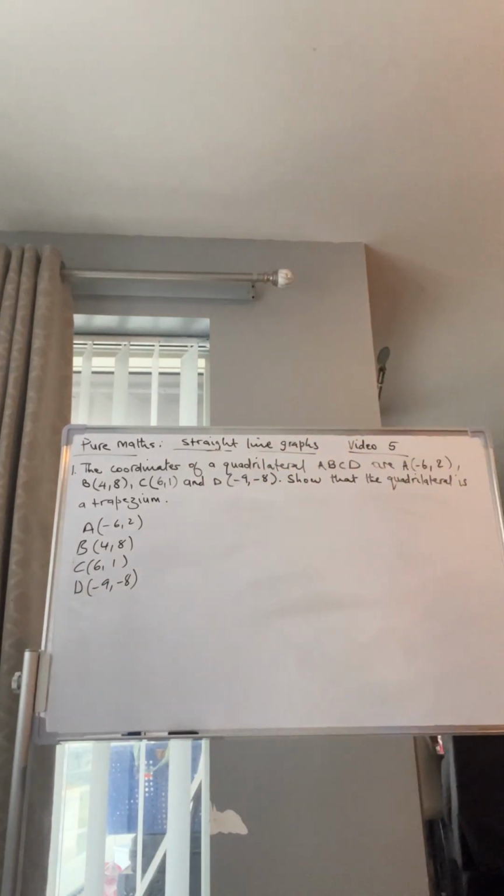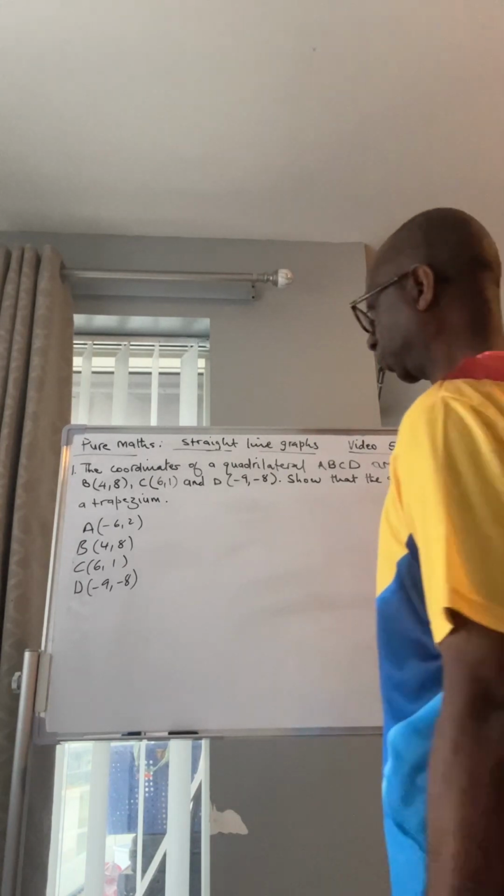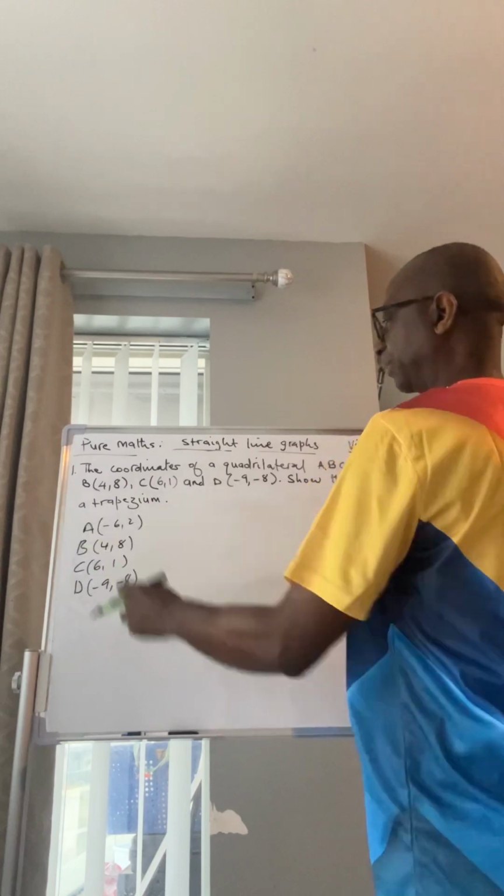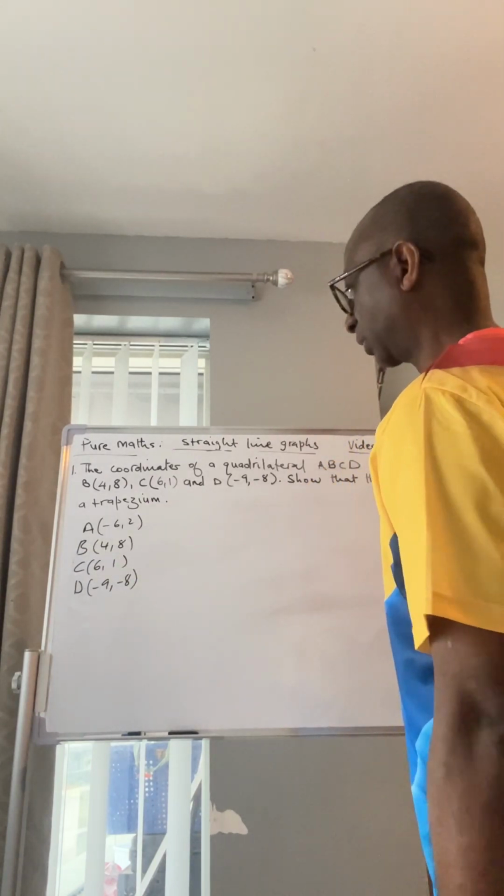You just need to show that 2 sides are parallel. Then you've given the proof. That's all you need to show. So let's look at A and B, whether they are parallel or not.